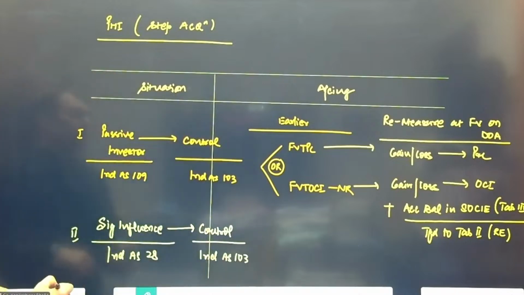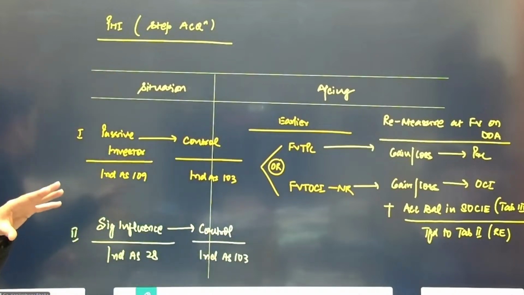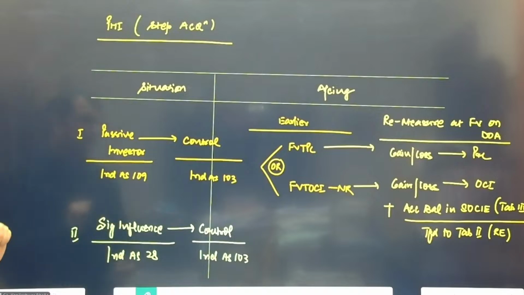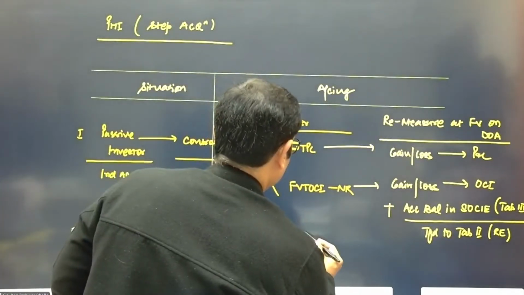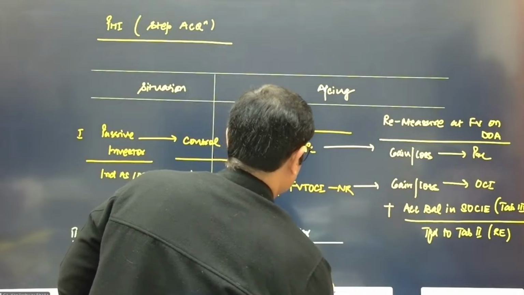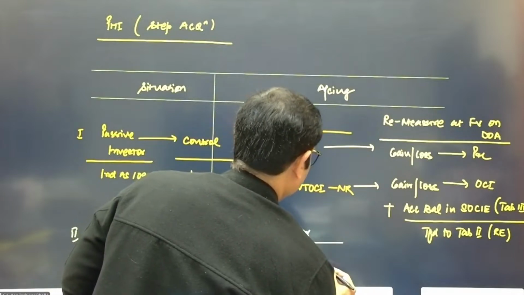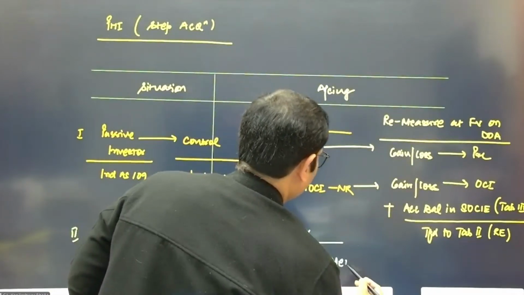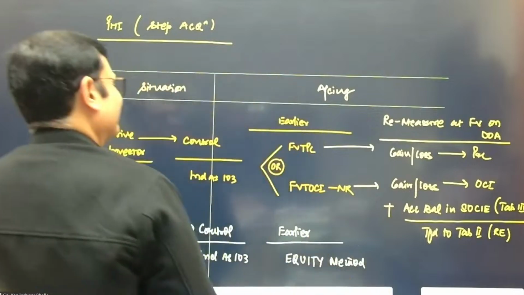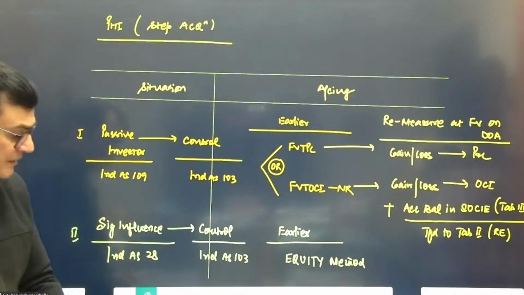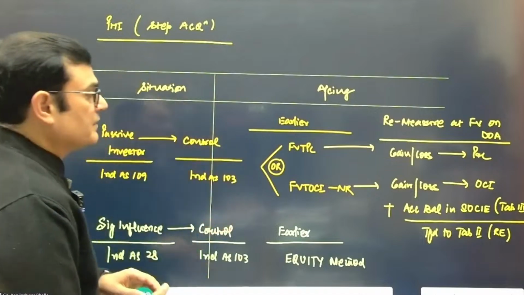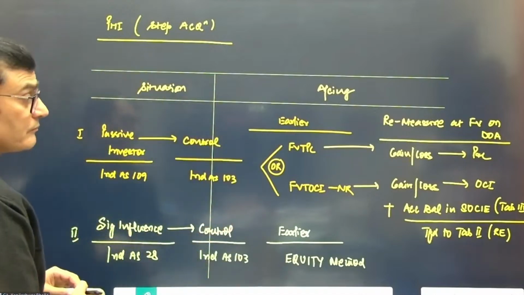So, conversion from significant influence to control. What were you doing earlier? Earlier, we were accounting under what is technically called the equity method of accounting. Let's not consider what the equity method is at this stage, that we'll see in Ind AS 28. We just need to consider that we were applying the equity method.